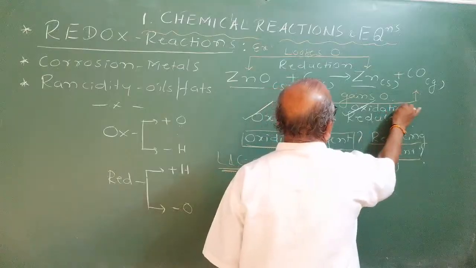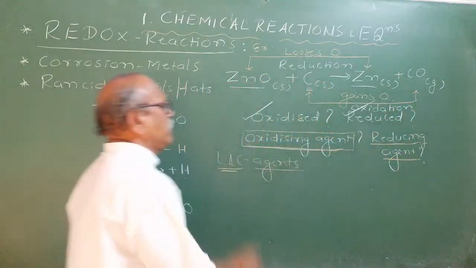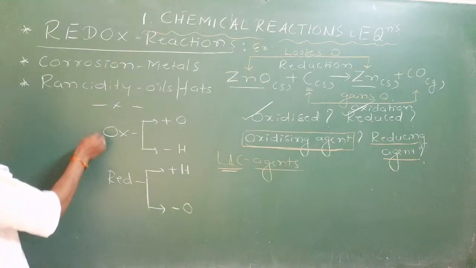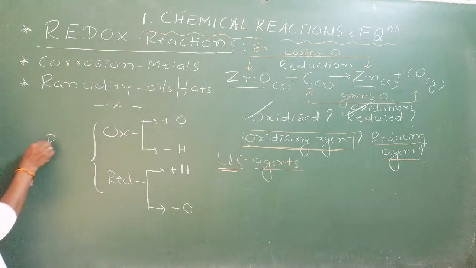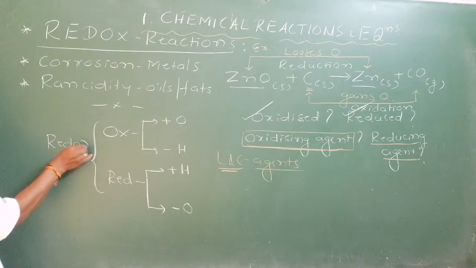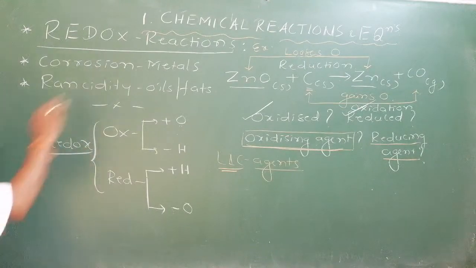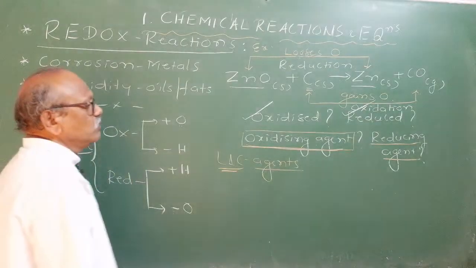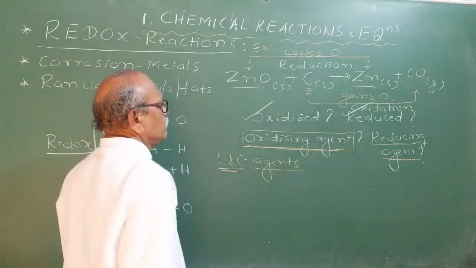As both reactions are taking place, we call it redox reactions. Both reduction as well as oxidation take place. Such reactions are called redox reactions. I hope you are clear with this without any confusion. Now, the question is the oxidizing agent.